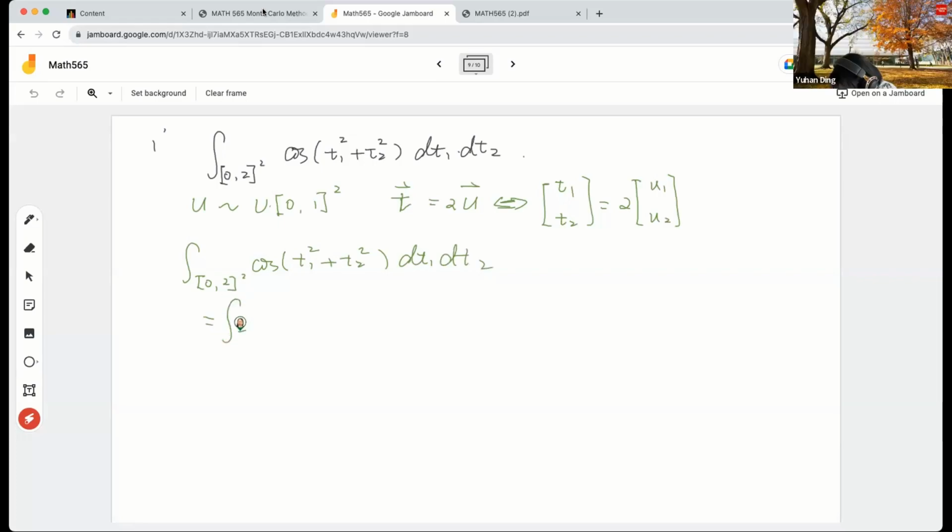Okay, we should change it to 0, 1. And here, t1 is 2 u1 plus 2 u2.